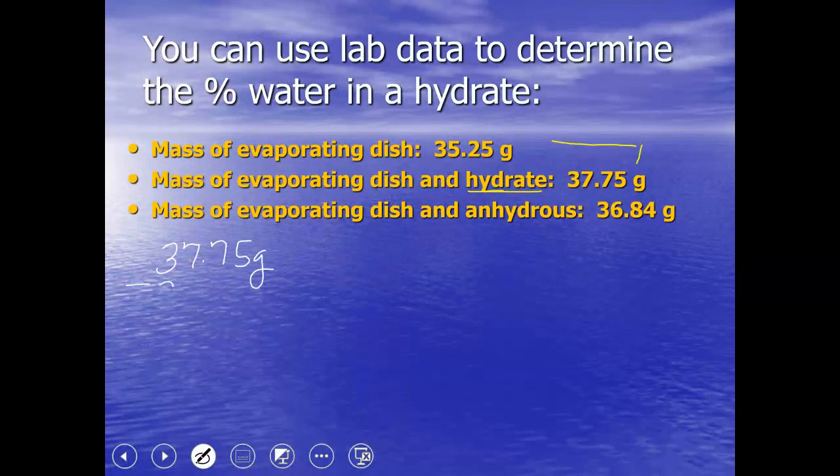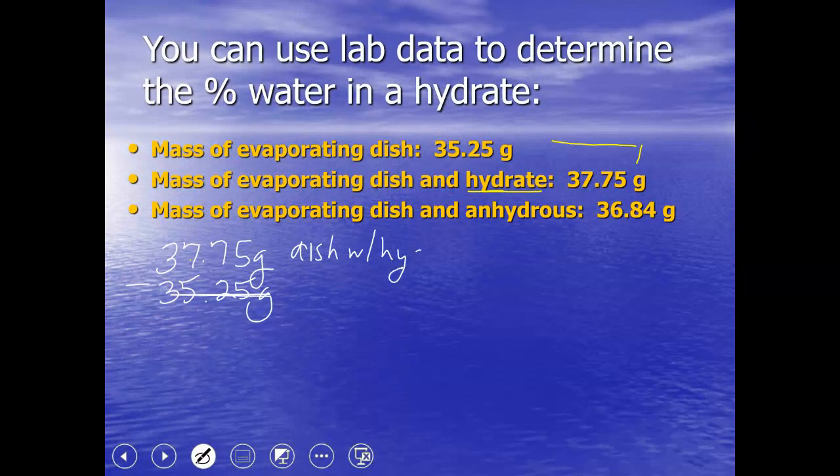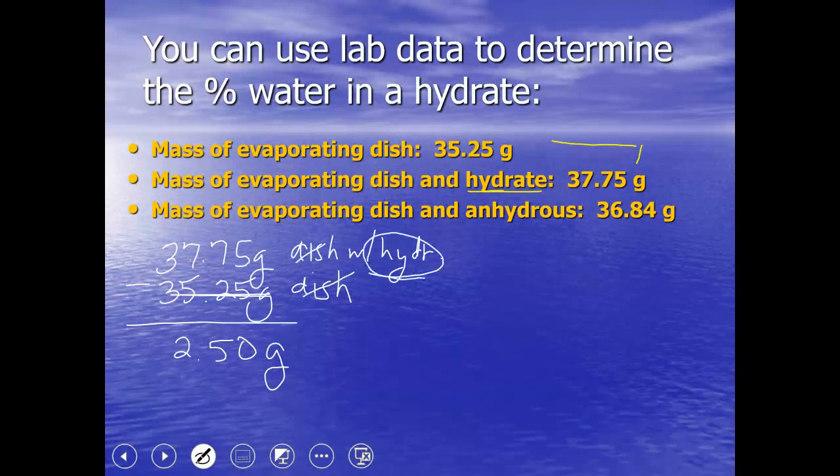And we subtract out the 35.25 grams. So this is the dish with the hydrate, right? And this is just the dish. Well, when you subtract it out, we get 2.50 grams. If the dish was subtracted out, all that's left is the hydrate.